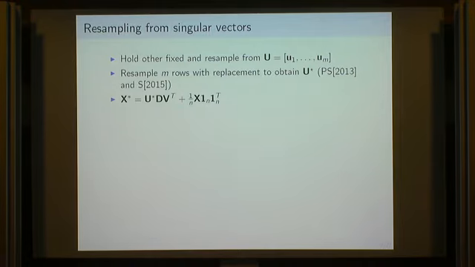Now, from that one, we can generate the data. To generate the data, what we can do is hold the matrix D and matrix V fixed, and we can resample the rows of the matrix U. This sort of resampling technique has been used in many other literatures, including functional data analysis, singular spectrum analysis, and some other longitudinal models too.